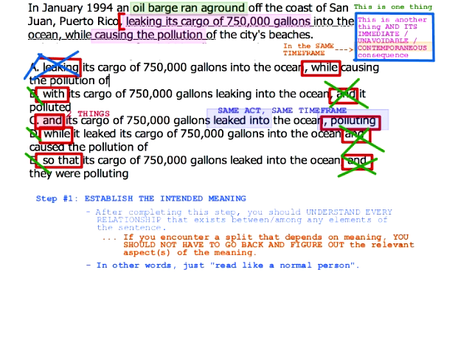There are other issues with these things that are not the focus of today. But like while, for instance, in this kind of context means actually while, like actually during some other things. So it didn't leak this stuff while polluting. So this is also bad. And it definitely didn't run aground while it was in the middle of leaking cargo. Also doesn't make sense.